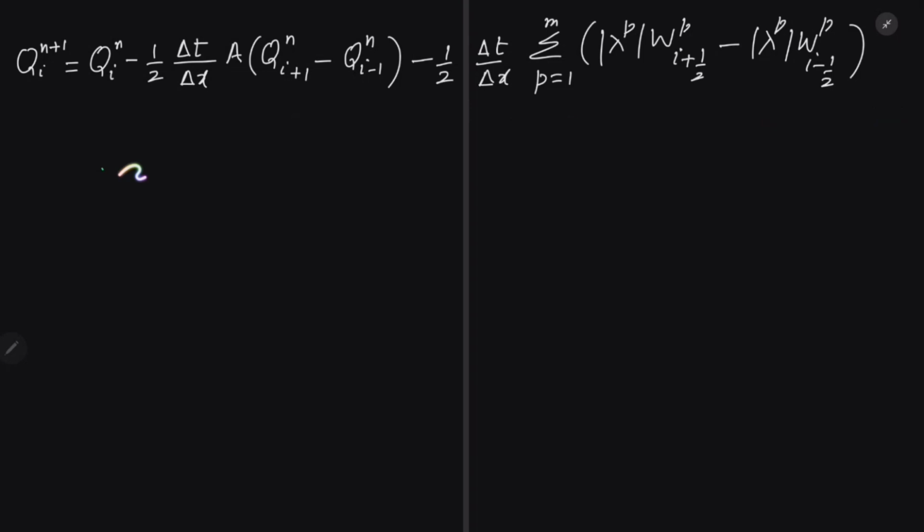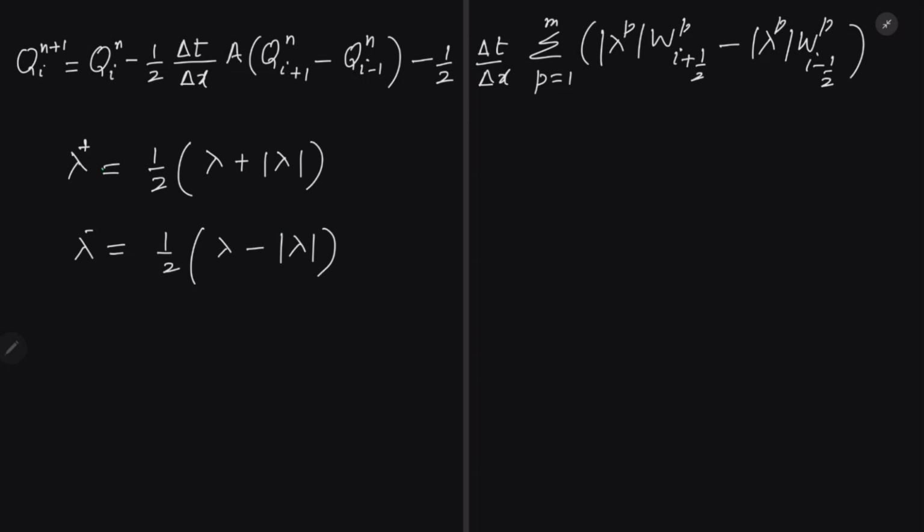Roe's method is a good method, but it has some issues with diffusion and dissipation. Here lambda plus will be equal to 1 by 2 of lambda plus lambda mod, and lambda minus will be equal to 1 by 2 of lambda minus lambda mod.